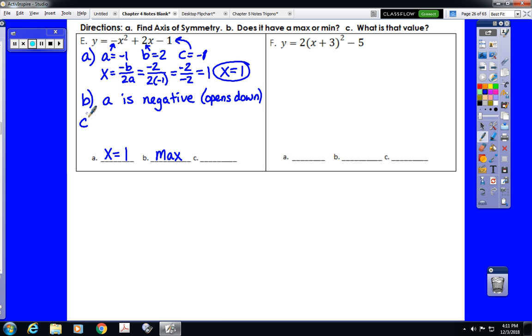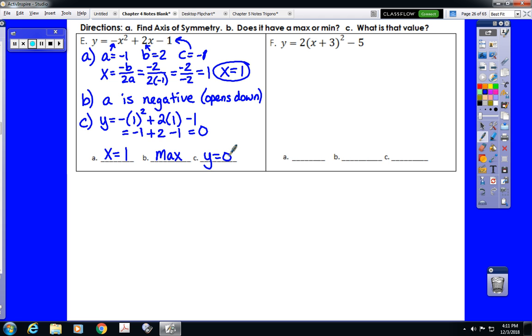And finally, for part C, we need to take our value from part A and plug it in for x. So that would be negative 1 squared plus 2 times 1 minus 1, or negative 1, pen is starting to mess up a little bit, plus 2 minus 1, which would be 0.